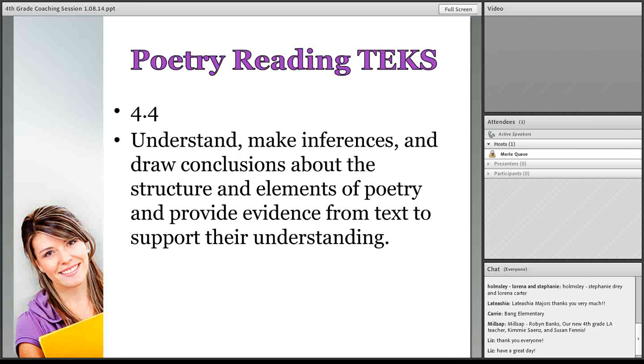To start off with, the poetry reading, which begins Monday, or it's scheduled to begin Monday, goes along with TEKS 4.4, which is students understand, make inferences, and draw conclusions about structure and elements of poetry, providing evidence from the text, which is typical of all the genres, that they show the same thing, but we're looking at poetry.